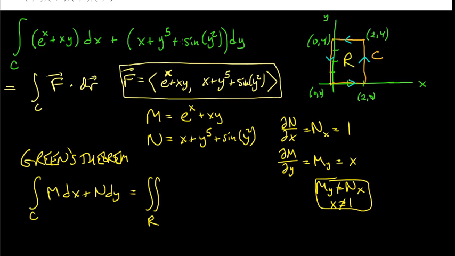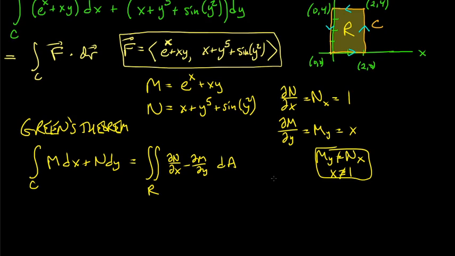R is everything inside the rectangle, so this region in here, if you will. So what are we integrating? We're integrating the partial of N with respect to x minus the partial of M with respect to y over the region R.